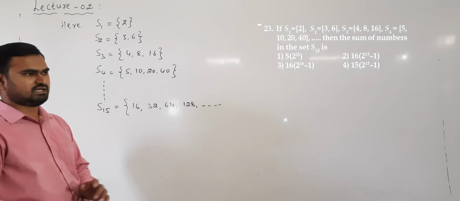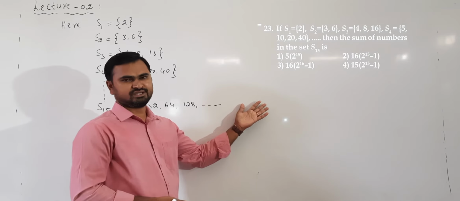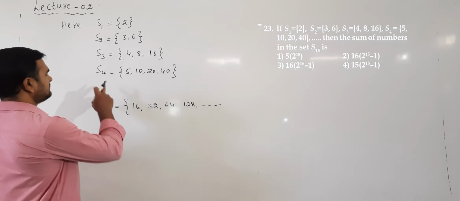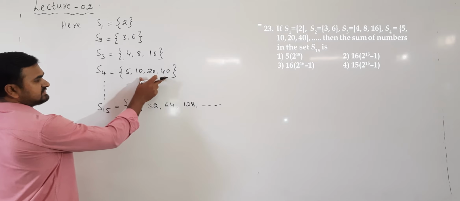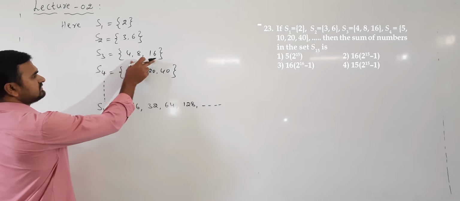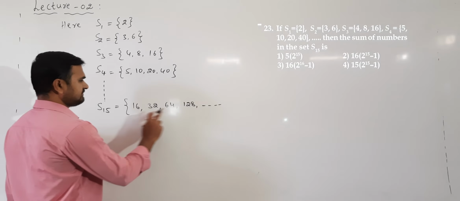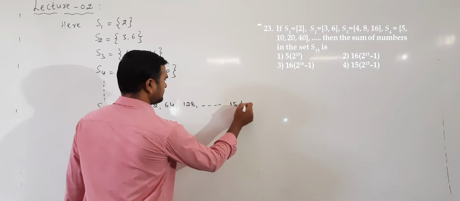Now the question is up to what term we can take here. Observe that also. In S4 how many elements are there? 4 elements. S3 has 3 elements, S2 has 2 elements. So S15 will have 15 terms.